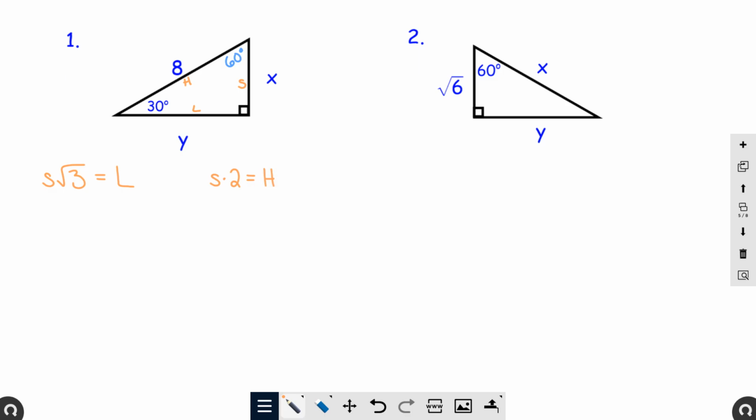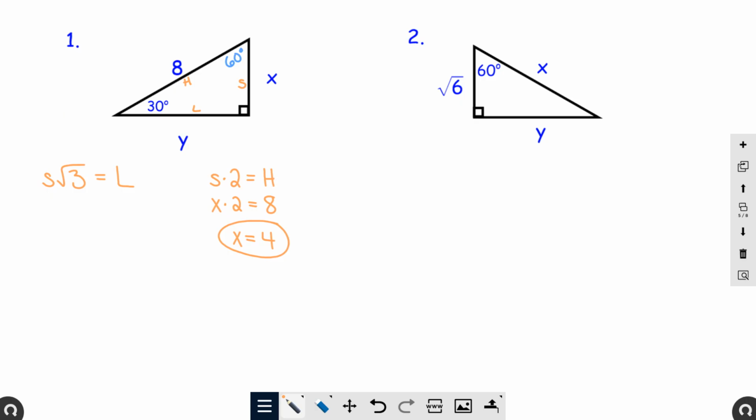All right, now what do we know? We know the hypotenuse, so we're going to use this formula over here. The short leg is X, so X times 2 equals 8. So X must equal 4. Ta-da! How simple was that, right?